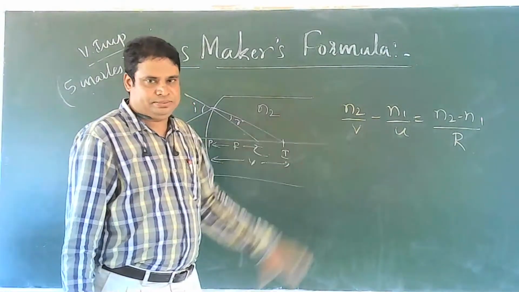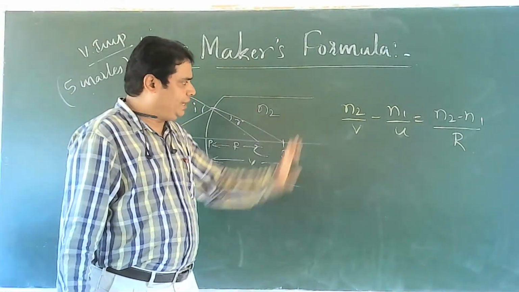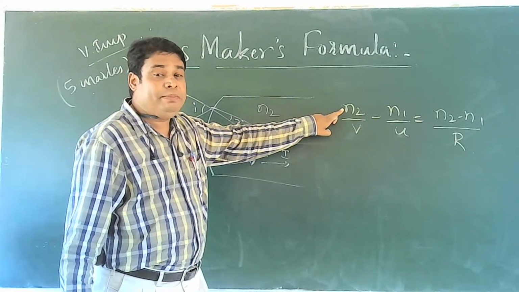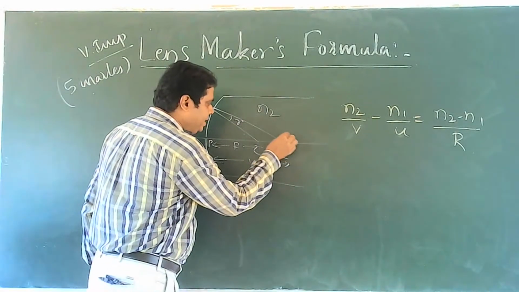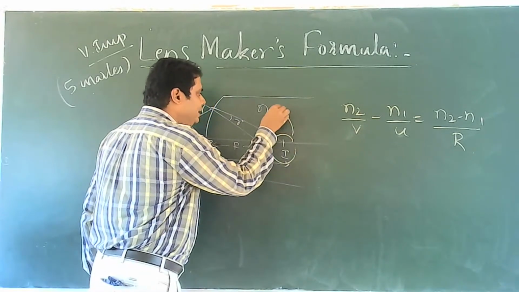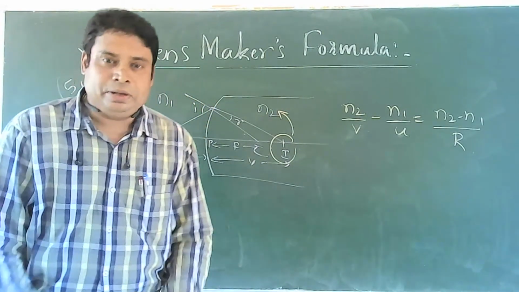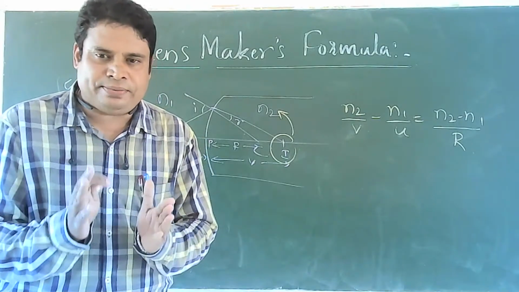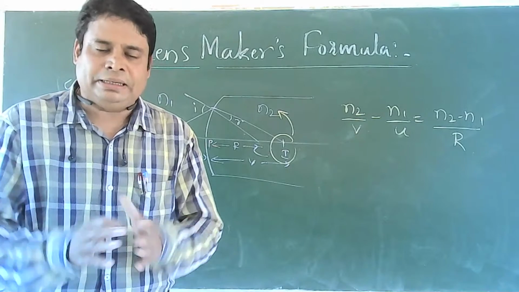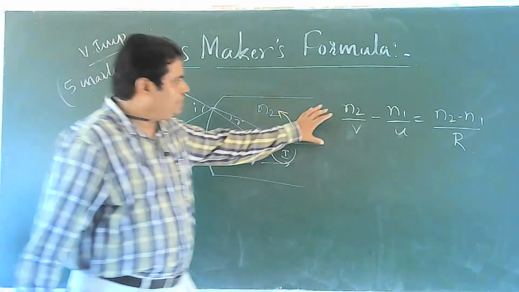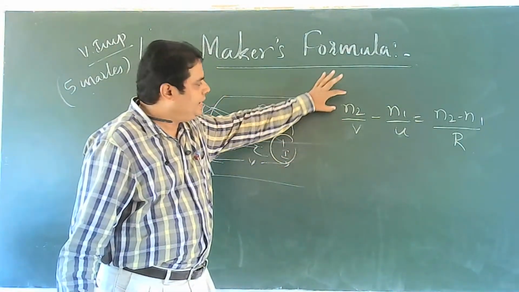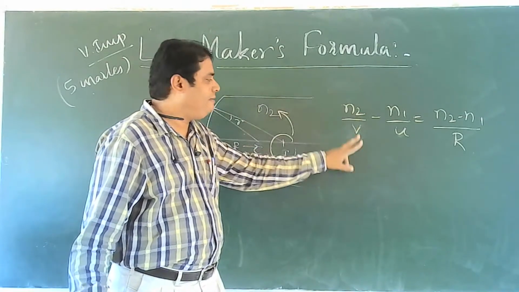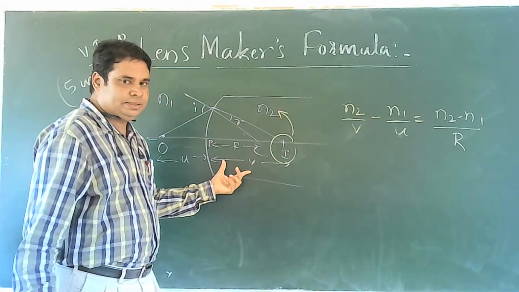See, let us understand this equation. This is the refractive index of image space. Let me repeat. Please listen carefully. According to this equation, the refractive index of image space divided by image distance.